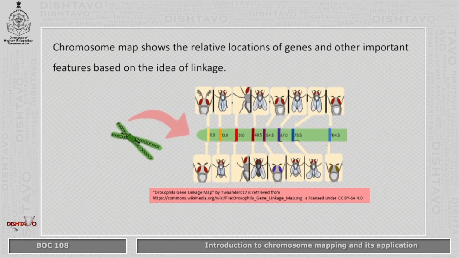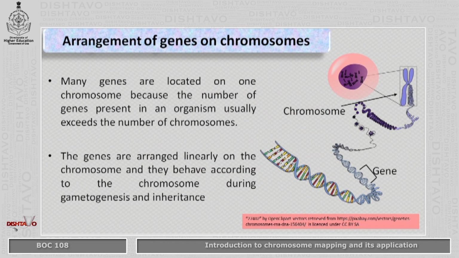Chromosome maps show the relative location of genes and other important features based on their linkage. The picture that you see is a representation of a chromosome map showing various genes of Drosophila and their relative location.